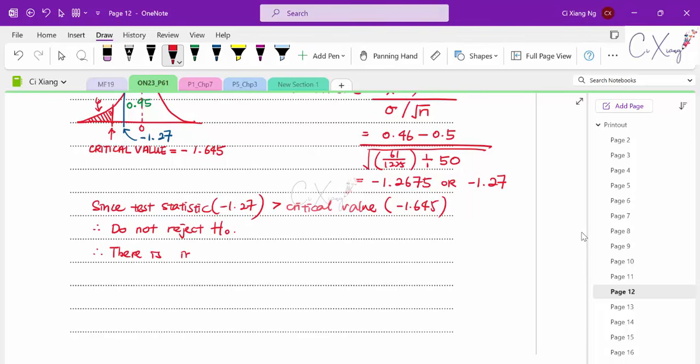There's insufficient evidence to show that the pollutants in the river is below the permitted level.